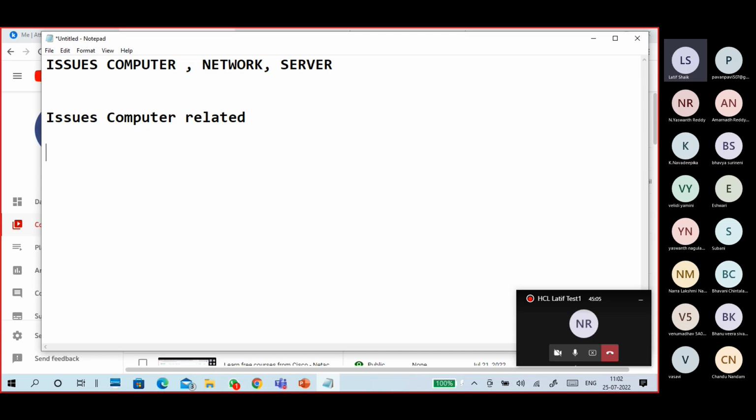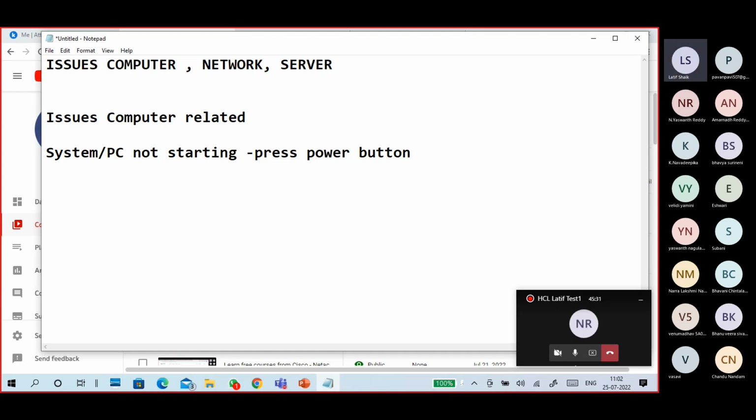So for example, first one, the system or PC, whatever the name is, is not starting. You press the power button and nothing, no response, you don't see anything.